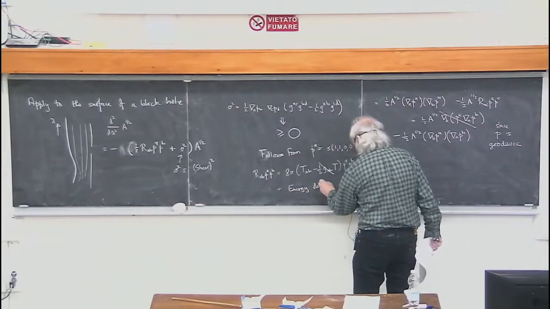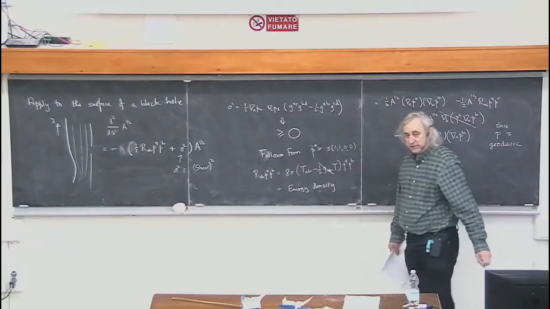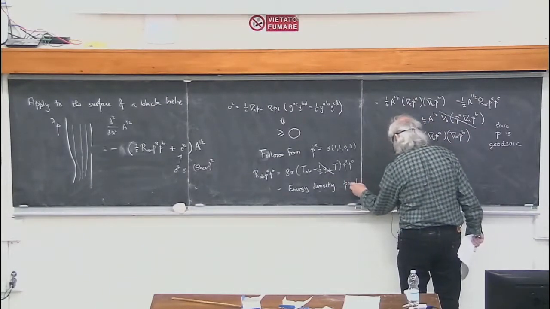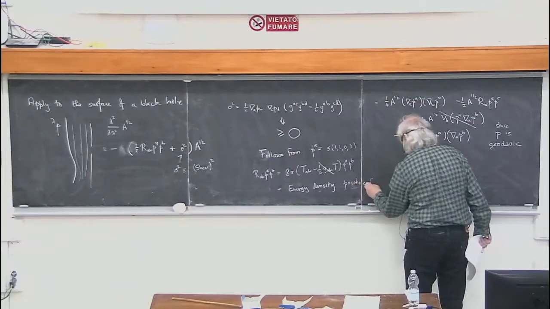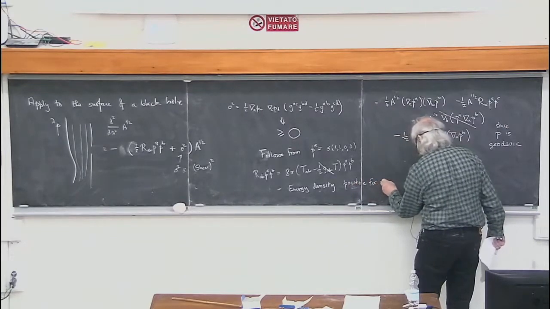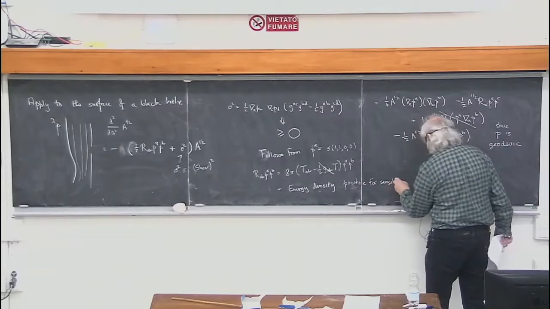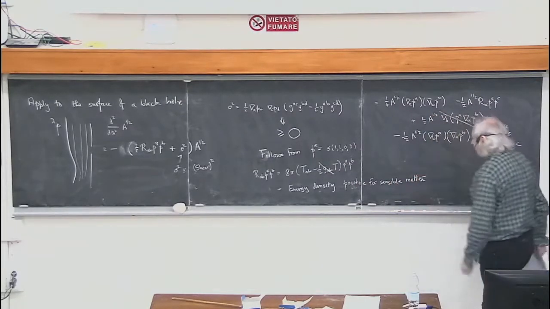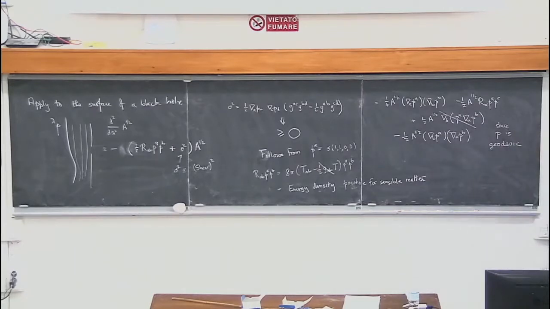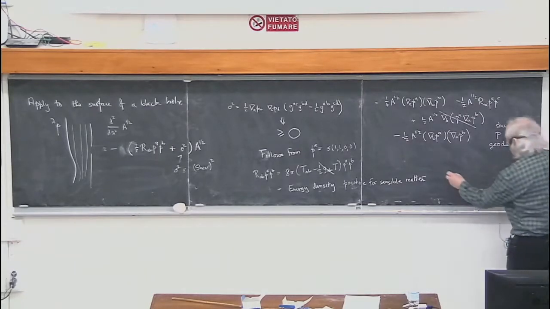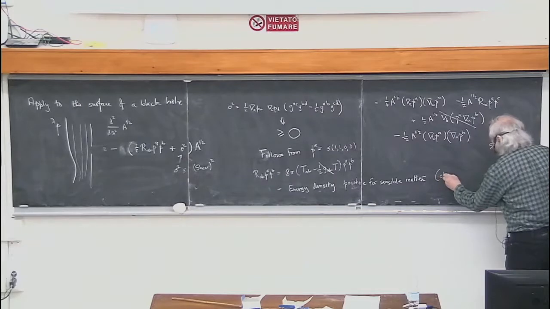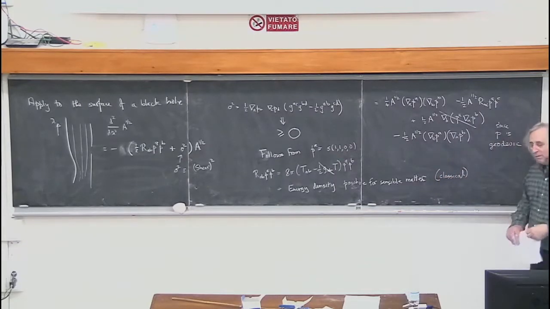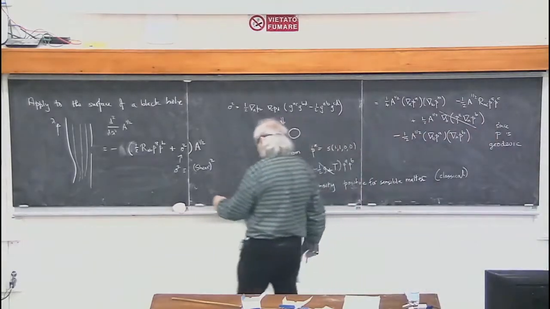And the energy density is always positive for any sensible form of matter. That's really only true at the classical level. We will see a counterexample to that.